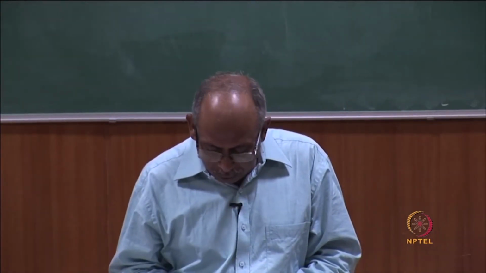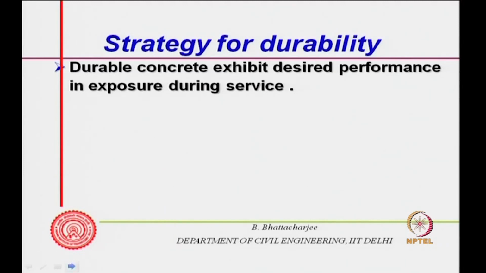Now, strategy for durability. We have understood all the problems, the deterioration processes and their details, in the last 4 lectures and part of this lecture as well. So, what is the strategy? Currently, our understanding of the physical phenomena and physical models for deterioration is really very limited.